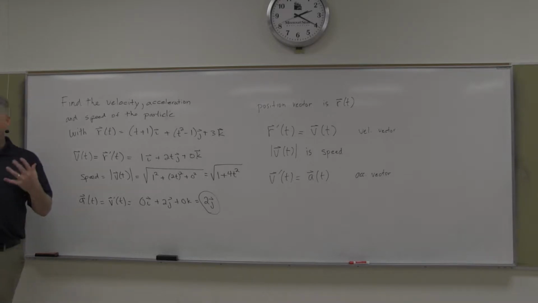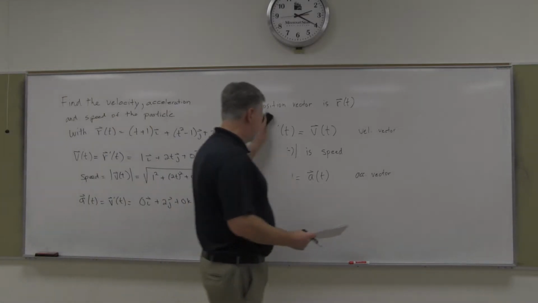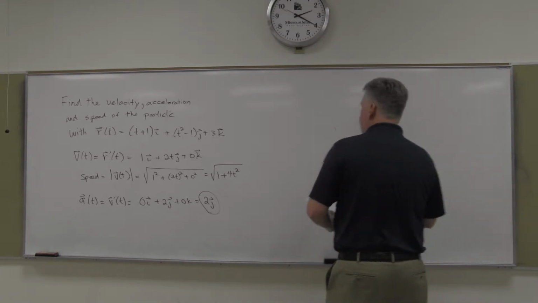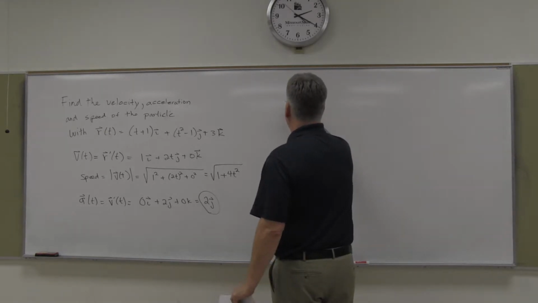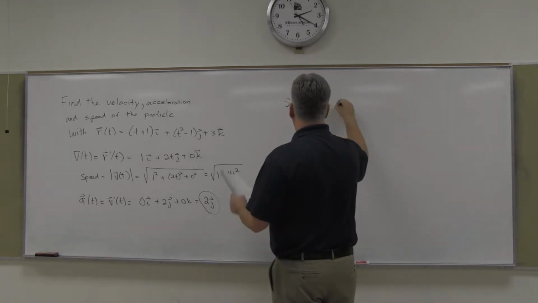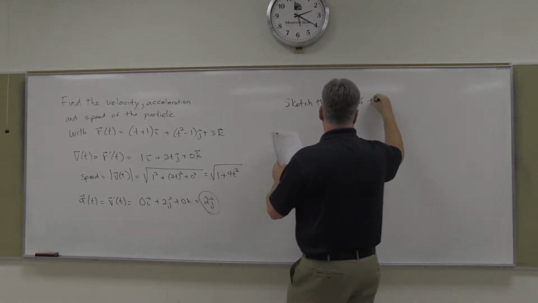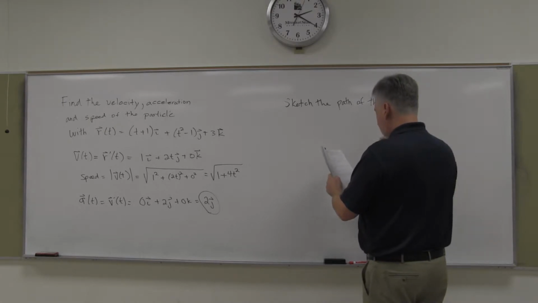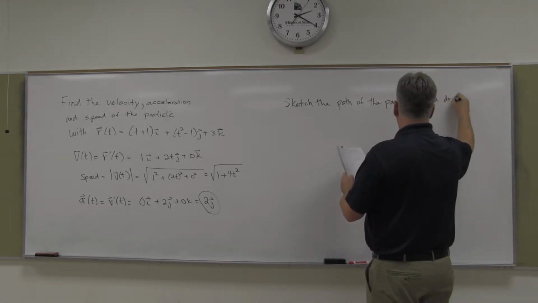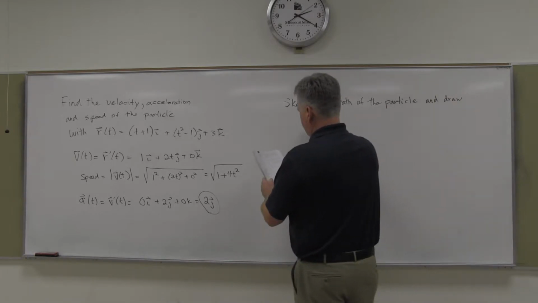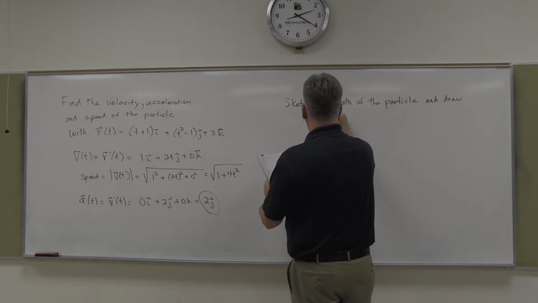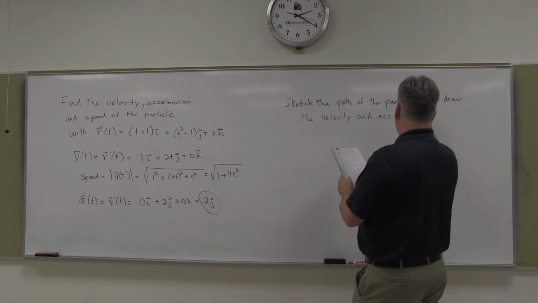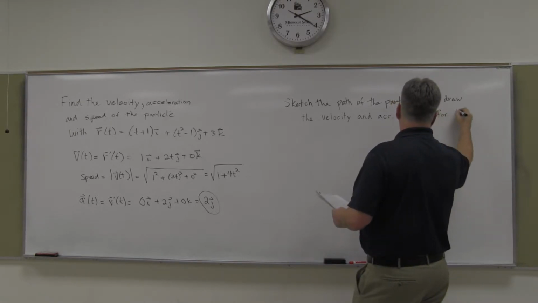All right, now, they will also have you on these problems do something like this. Let's sketch the path of the particle and draw the velocity and acceleration vectors for t equals 1.